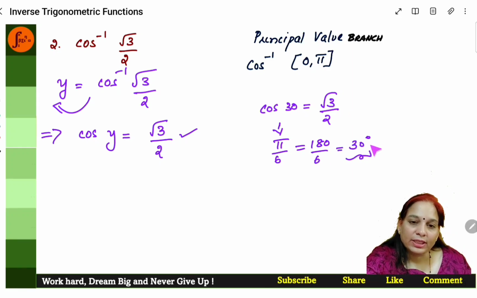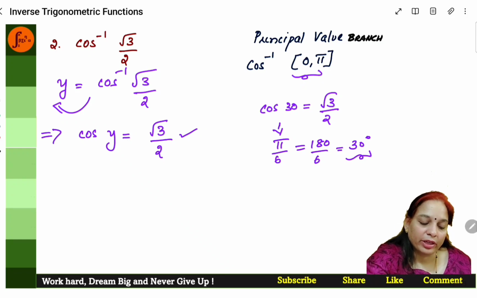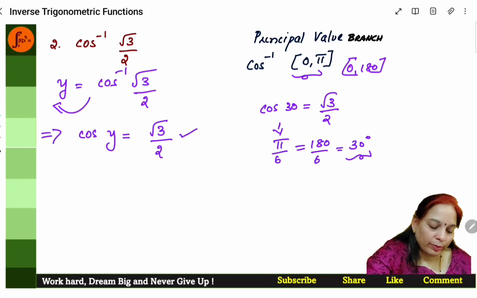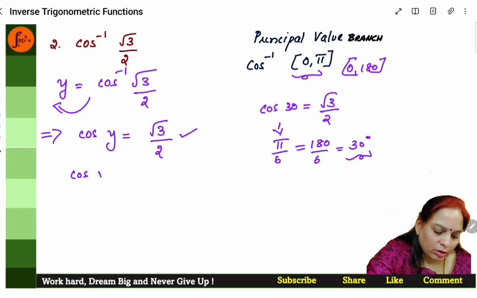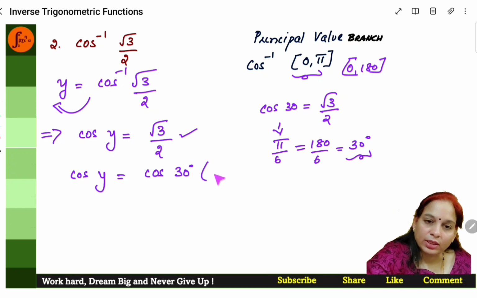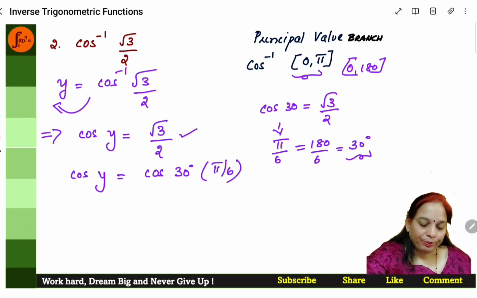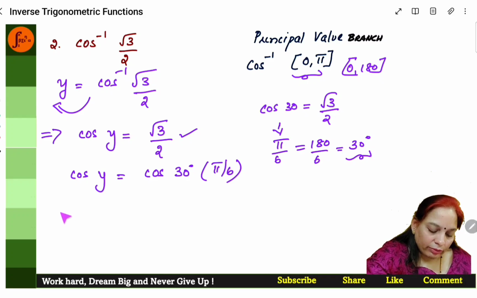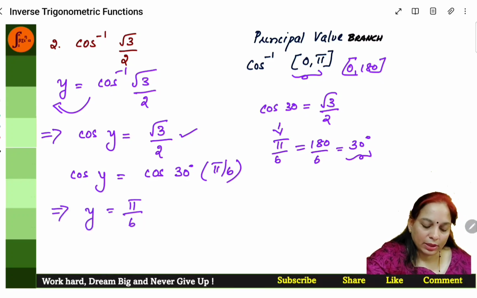Now this 30 degrees is within this range, 0 to 180 degrees. So I can write this as cos y is equal to cos 30 degrees, or pi by 6, which implies that y is equal to pi by 6, and this belongs to the principal value branch, which is 0 to 180, or 0 to pi.